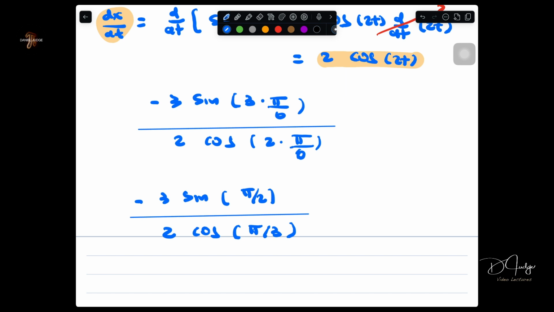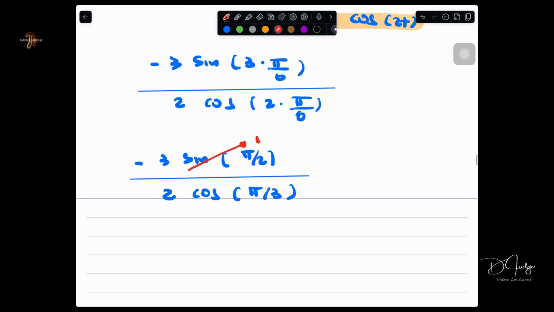All right, now we have to know what sine of pi over 2 would be. And we know sine of pi over 2 is the value 1. And then cosine pi over 3, that's cosine of 60 degrees.